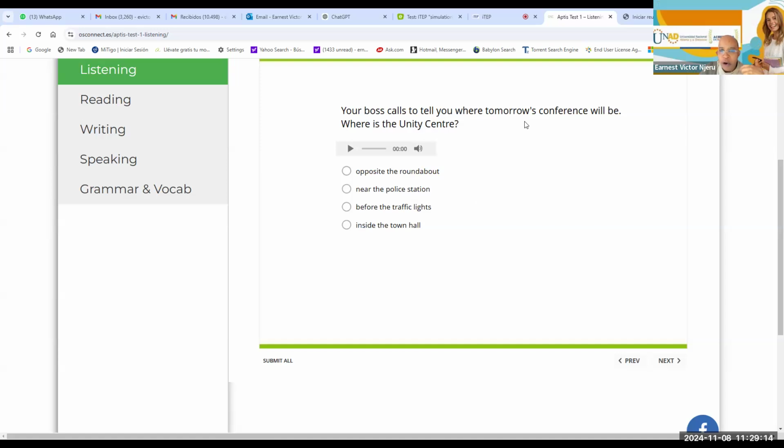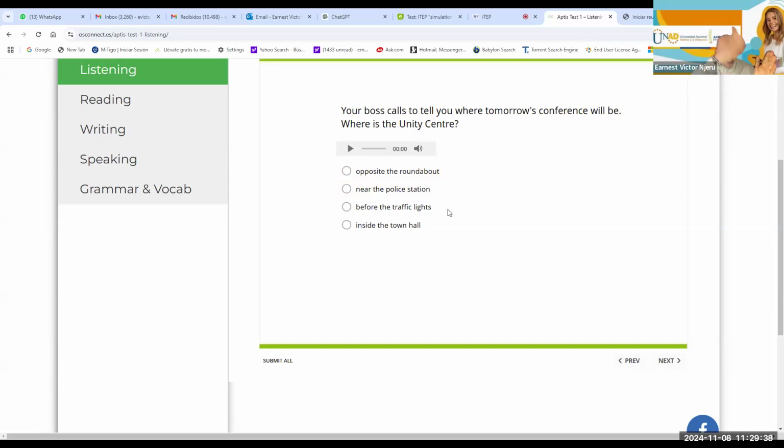Because they're giving the location of the conference area, we are paying attention to the location exactly, not the process of where you will be passing, but the location. So let's pay attention. We have the option, opposite the roundabout. Is it possible? Near the police station? Yes, that one is very possible. Before the traffic lights?